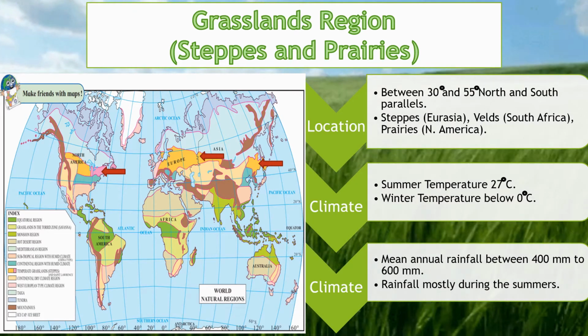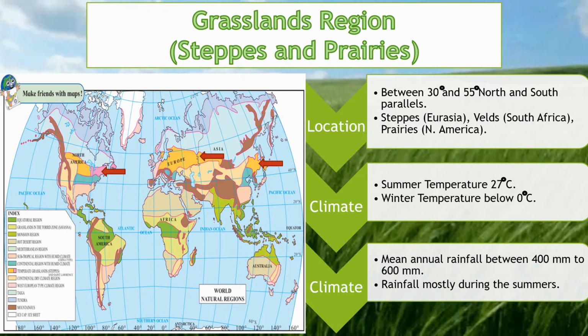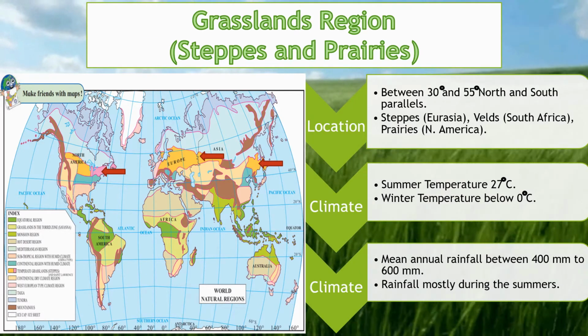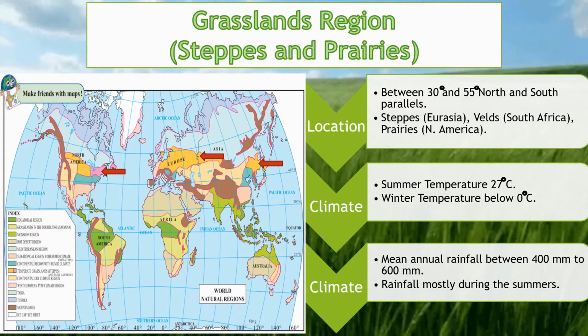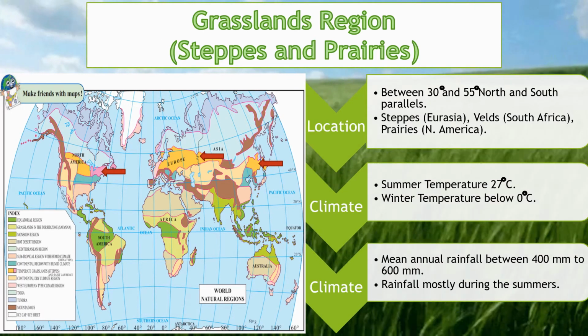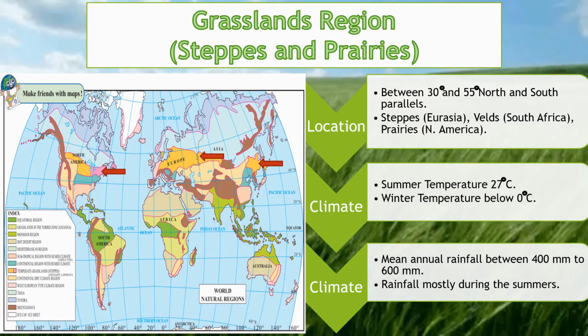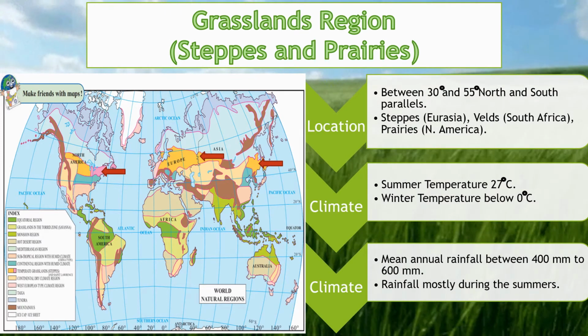Steppes are found in Eurasia. Veld is found in South Africa. Veld is a flat area covered in grass. Pampas are found in South America. Prairies are found in North America. Downs are found in Australia, etc.